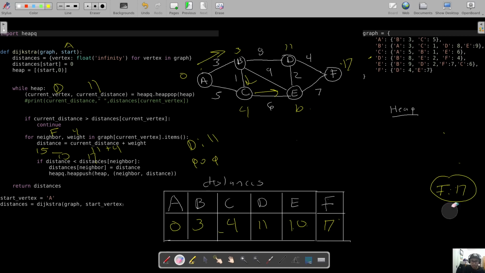So we change this to 15, and this gets changed to 15.